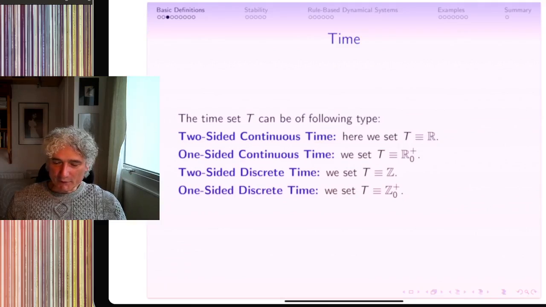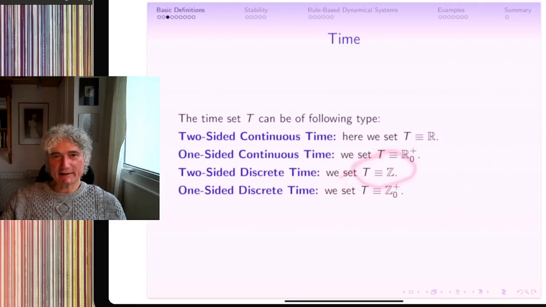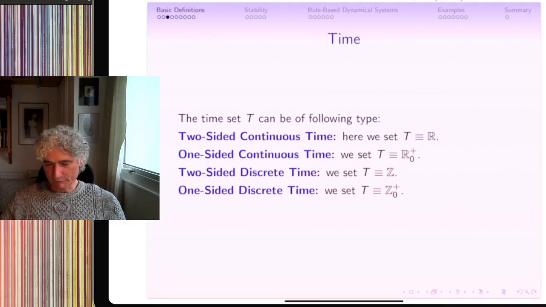If we only go in forward time, which also sometimes can happen, then we take T to be the non-negative real numbers. The same is true for discrete dynamical systems. So if T is given by Z, we have a full two-sided discrete time dynamical system. But of course also here we can have only the idea that we move only in forward time, and then we would take the non-negative integers.